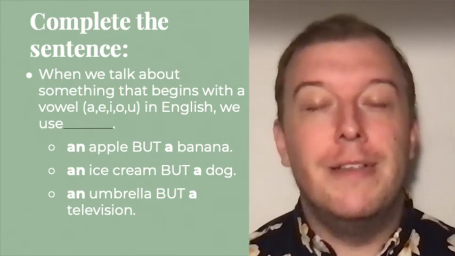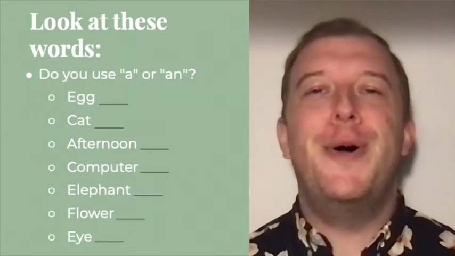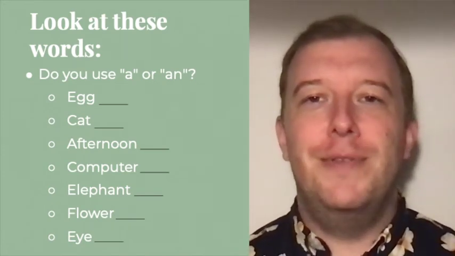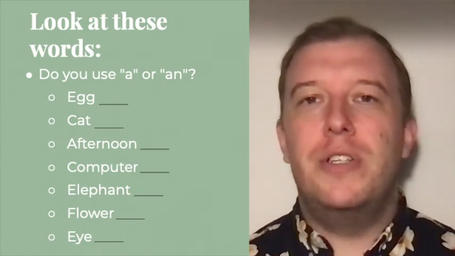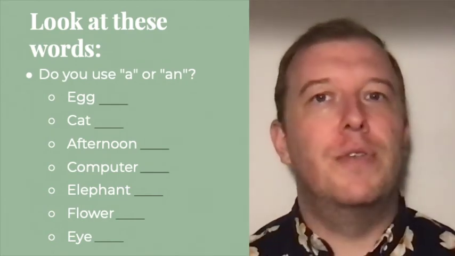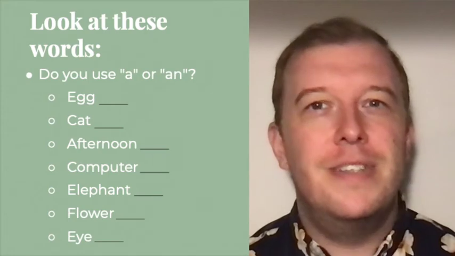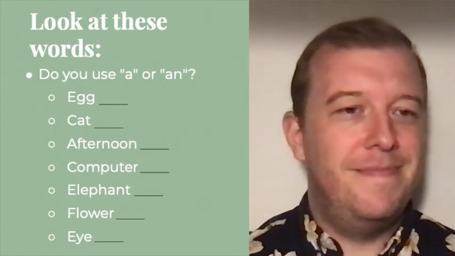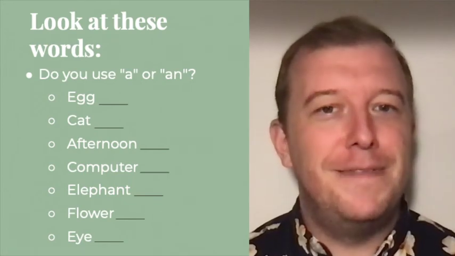Okay, I know that's a lot of grammar to think about, so let's try it and see if you can figure it out. I have a list of words here, and I want you to think about if you would use a or an if you're talking about this word. Pause the video for a second, see if you can figure it out. Did you get it? Let's see.